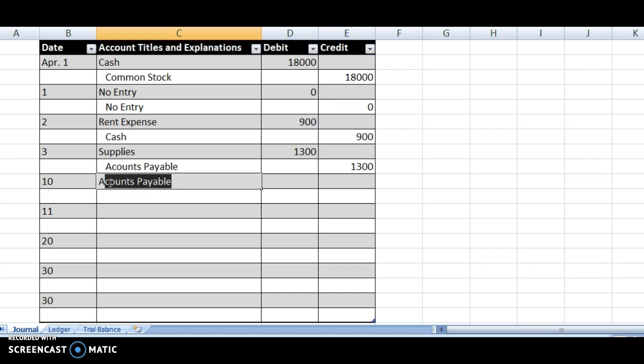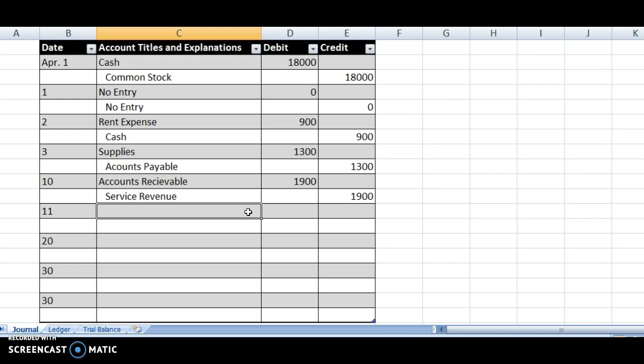So it is accounts receivable that is being debited the $1,900, and then service revenue, because we report it as soon as we do the work, we have earned said revenue, is going to be credited.